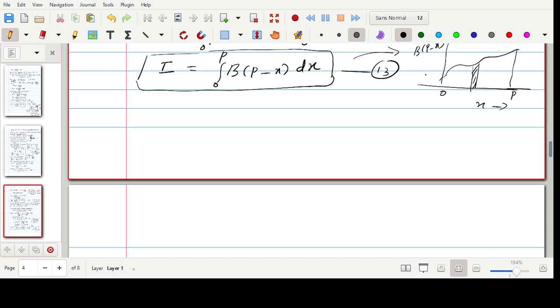Instead of evaluating using this graph, I will use another method for finding the integral 0 to p b into p minus x dx.